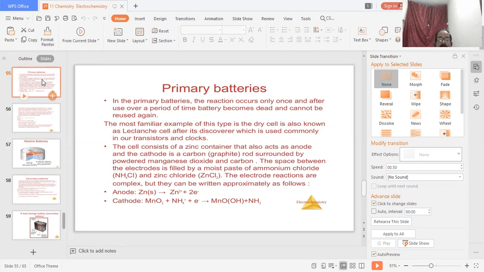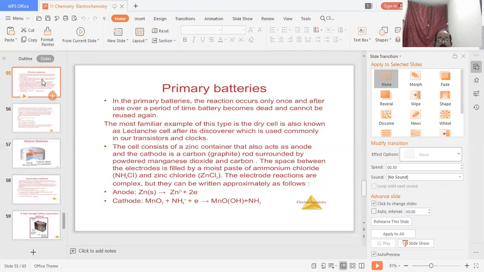The cell consists of a zinc container that also acts as the anode, and the cathode is a graphite rod surrounded by powdered manganese dioxide and carbon. The space between the electrodes is filled by a moist paste of ammonium chloride, NH4Cl, and zinc chloride, ZnCl2.